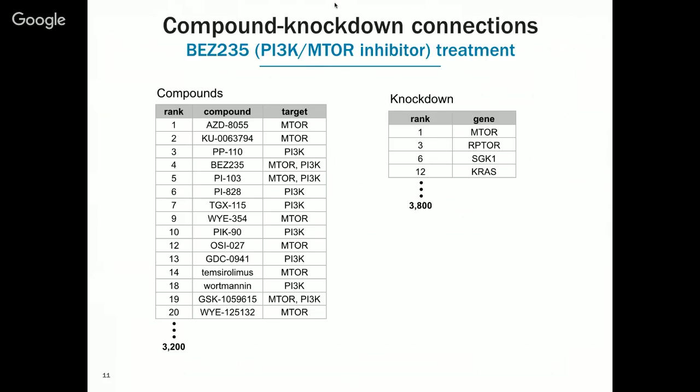Another cool thing about this data is it's not simply restricted to compounds, which is to say that you can query with your compound of interest, and you can come up with other compounds that do the same thing. But importantly, in addition, you can find genes, meaning genes in the transcriptome of the cell being profiled, whose loss or gain of function phenocopies that of the compound.